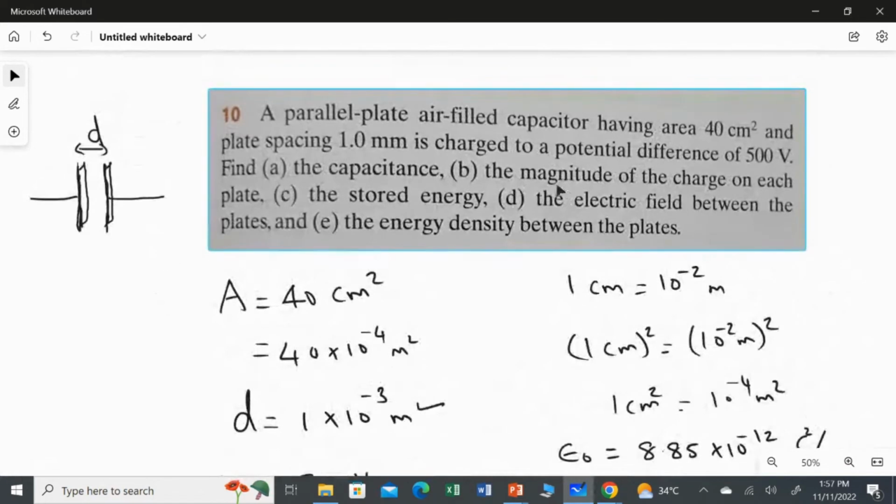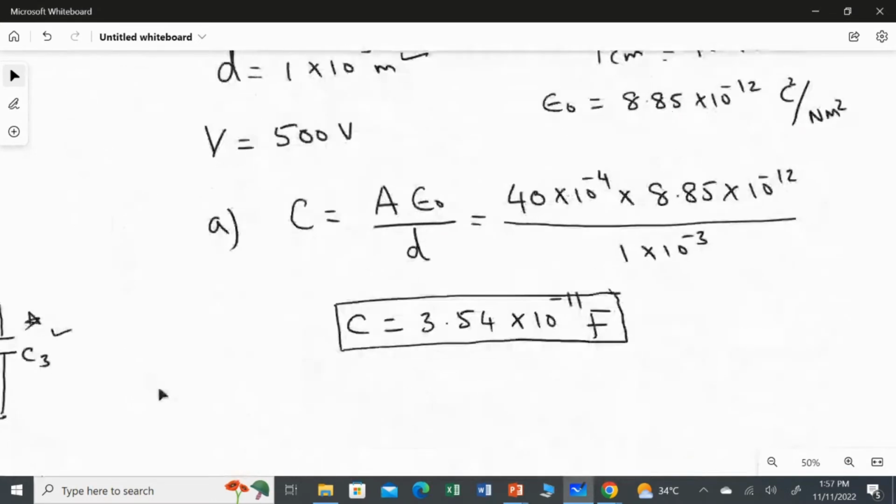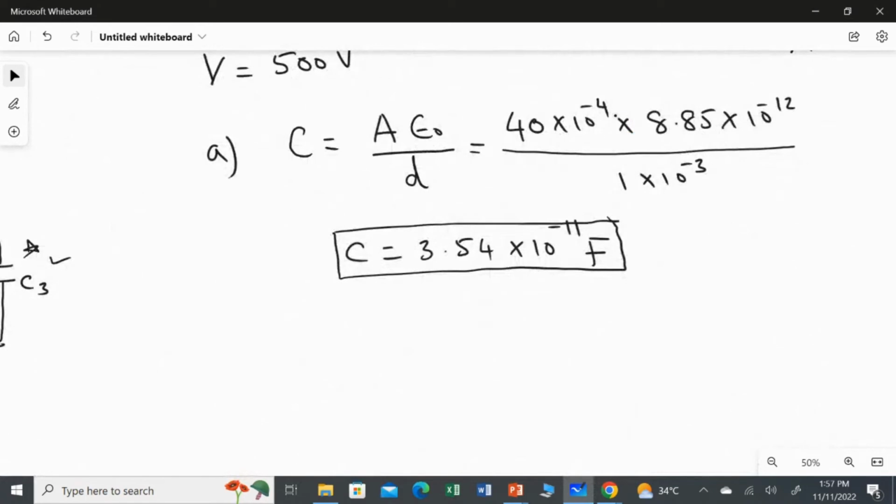Now in the second part, we are going to calculate the magnitude of the charge on each plate. As I told you before, these two plates are conducting plates where you can store positive and negative charge. So in the second part we find the charge on each plate. We know the capacitance formula, C equals Q over V, which we already studied in the theory.